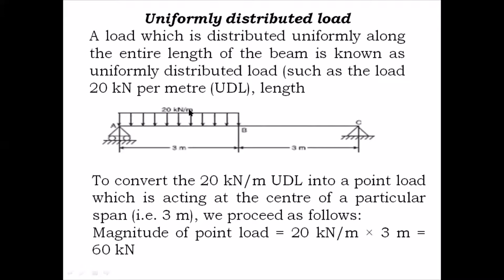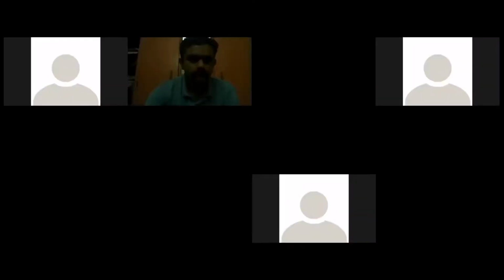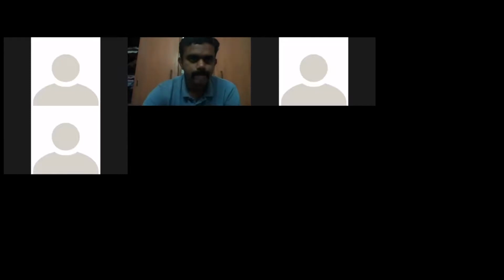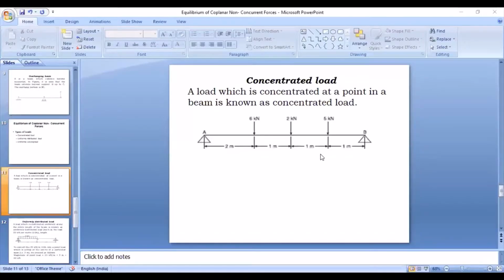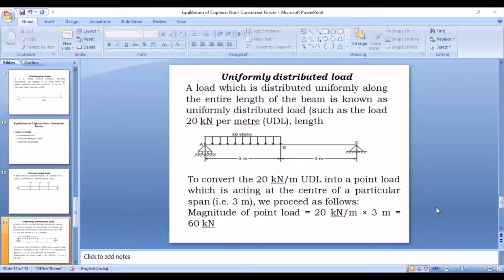Now we all know that we have three equations of equilibrium. Which are those? It is sigma Fx, sigma Fy and sigma moment. Yes, so we were discussing UDL.